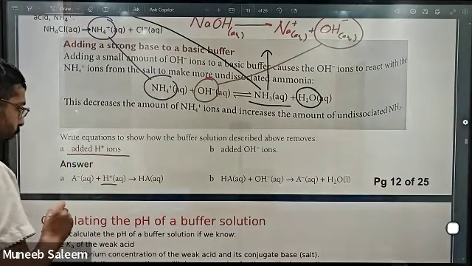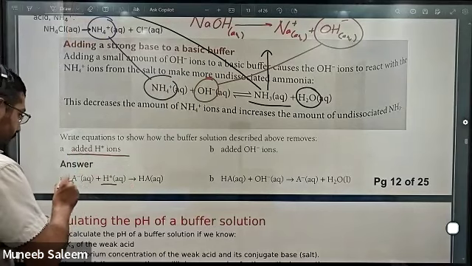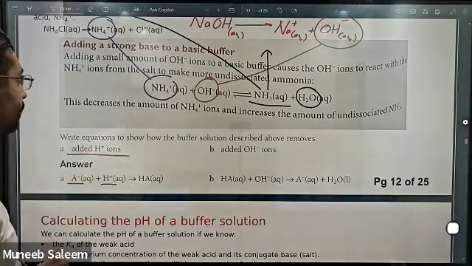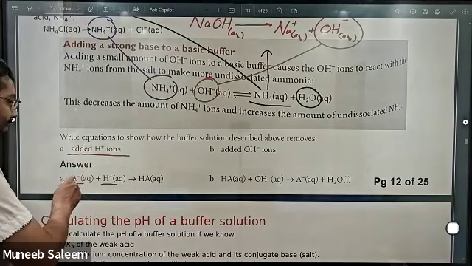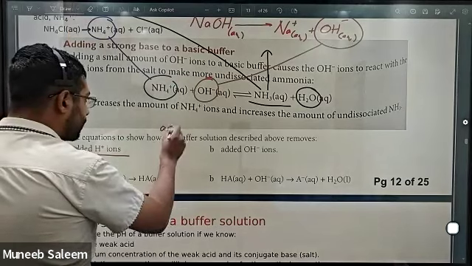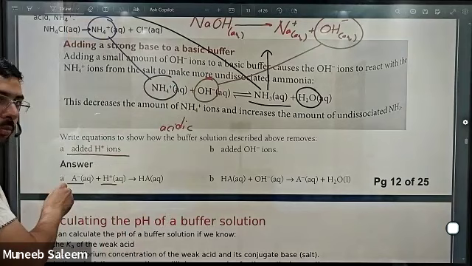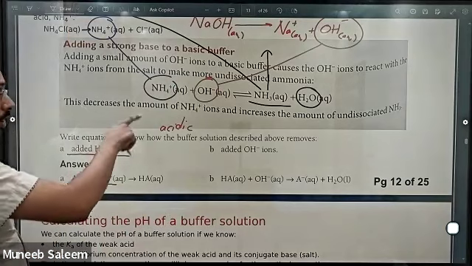So this is the one which you have added. It has to be neutralized by the anions over here. It indicates that this would be the acidic buffer, because within the acidic buffer we have the formation of the anions.